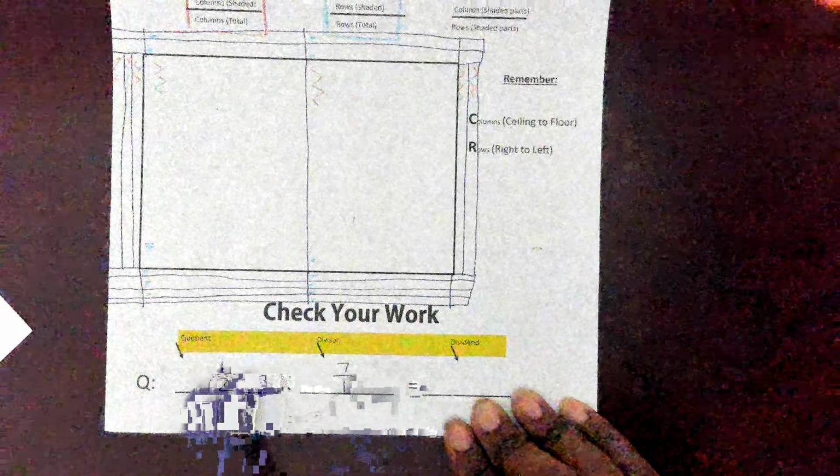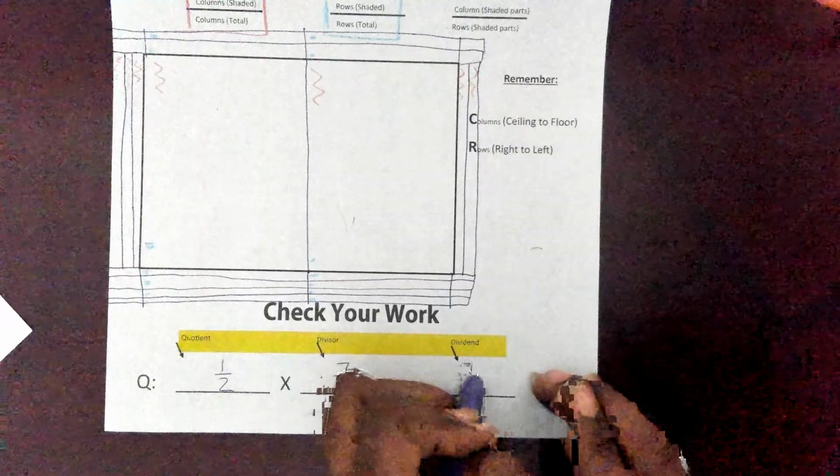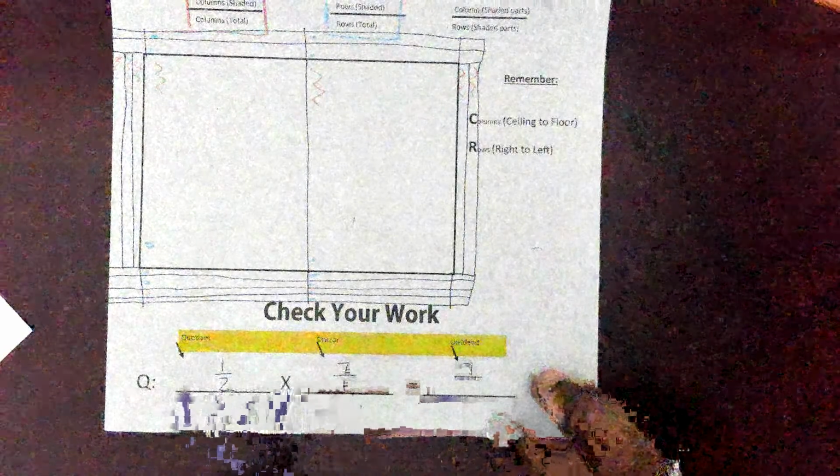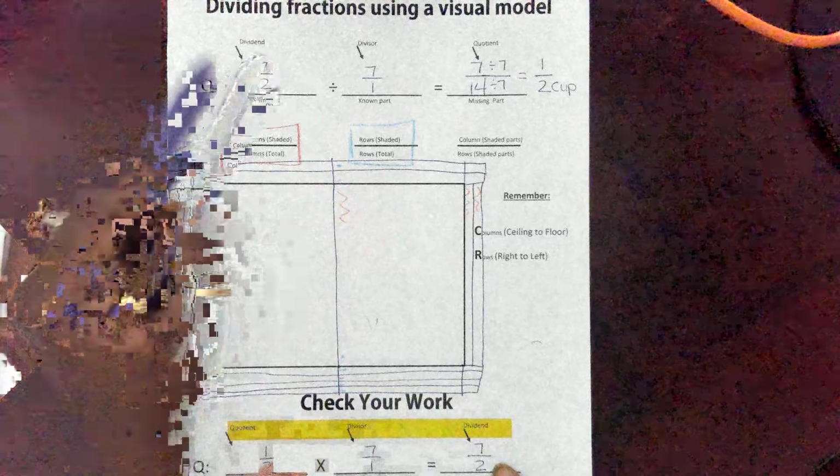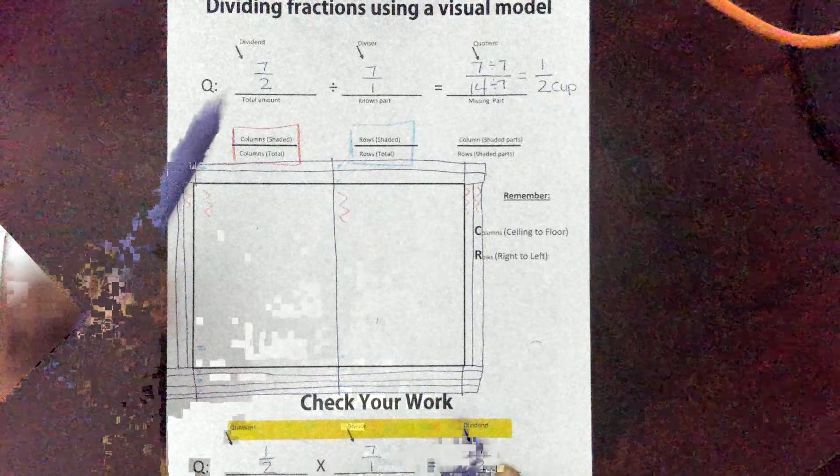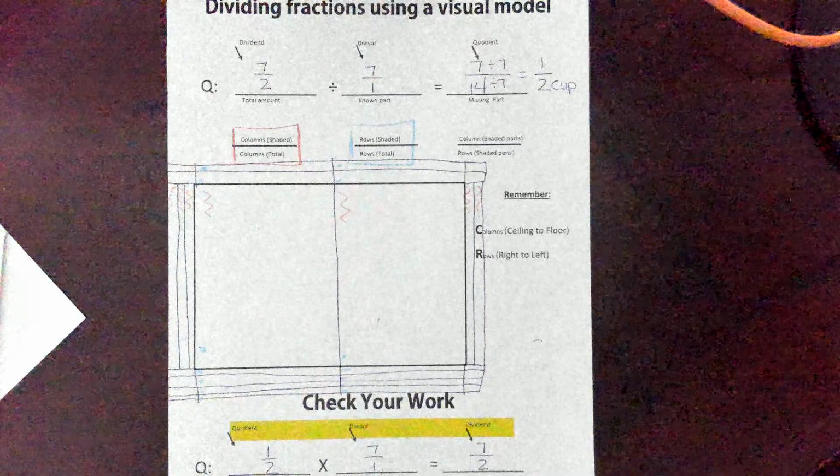So 1 times 7 equals 7. 2 times 1 equals 2. So we should have 7/2 for our dividend in the original problem. And if we look, we see that we have 7/2 and 7/2. So our answer was correct: 1/2 cup of jelly beans that each person would get.